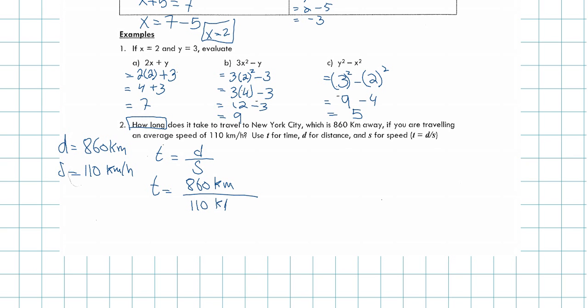So what do you get when you do 860 divided by 110? 7.8. So what's the unit for that? Hours.